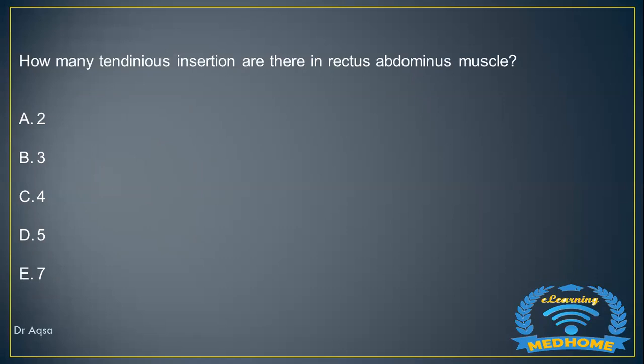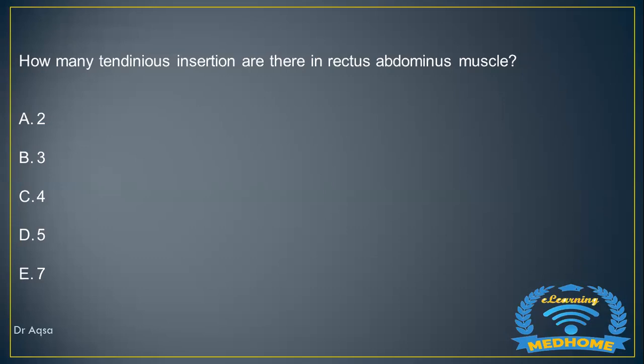So 4, C option. C option? Anyone else? If I give you one more chance to think? Ma'am, 3 are above the umbilicus, 1 is below the umbilicus. I remember 4.